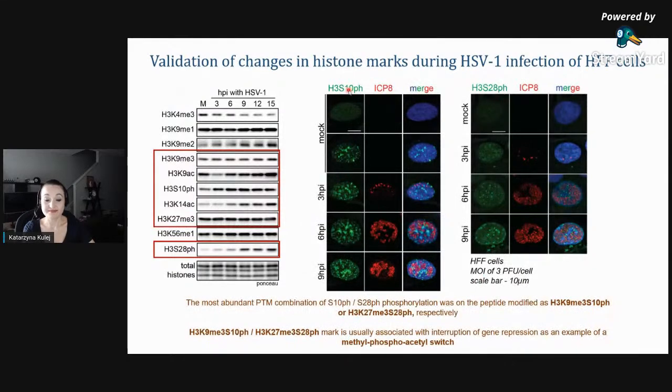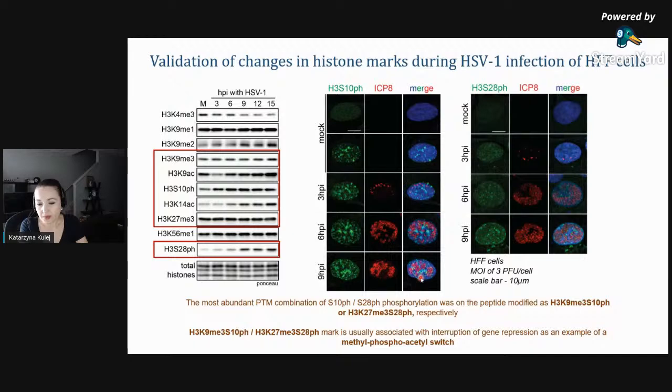And of course, we also validated the phosphorylations, and we can see that they are both increasing, with the same picture: primarily an increase on the host chromatin, and they look like they are excluded from the viral chromatin. Of course, we cannot fully say that by IF. We would need to perform enrichment analysis of this region of chromatin and sequence it, but in our opinion, it would primarily be the host.